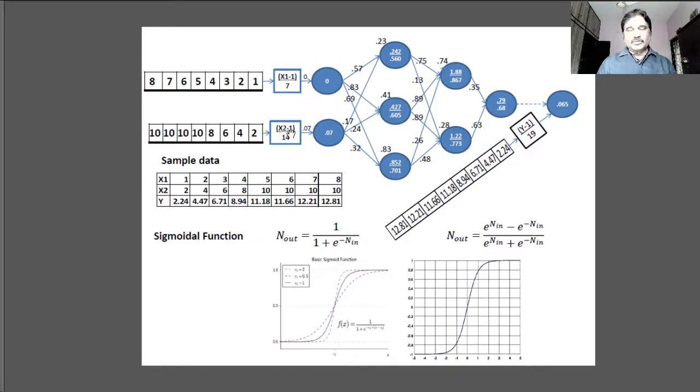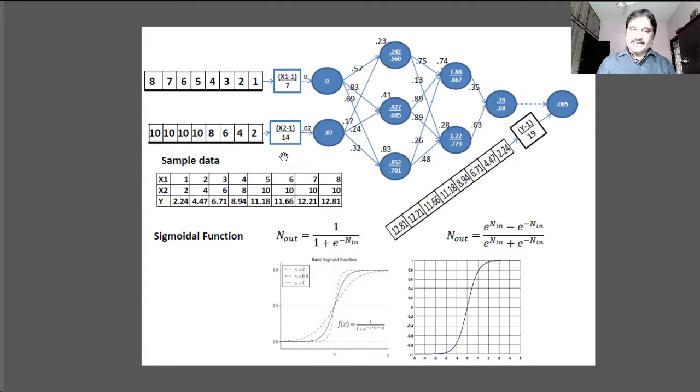Alright, x2 minus 1, because x2 is the variable value which will be entering here, then minus the minimum value which you have in the data, divided by the difference between the maximum value and minimum value.